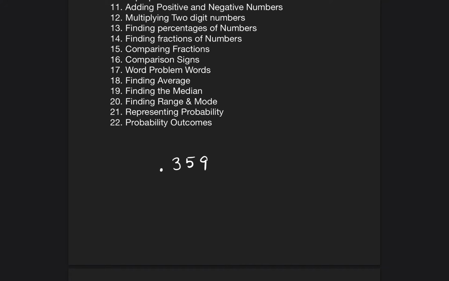So what that means is each one of these numbers is in a placeholder. So the 3 is in the tenths place, the 5 is in the hundredths place, and the 9 is in the thousandths place. Okay, that's important for us to know. So the way that we read this decimal is you read the entire number as if it's a regular number.